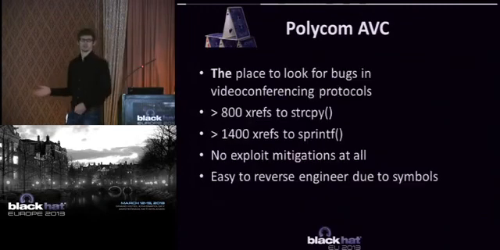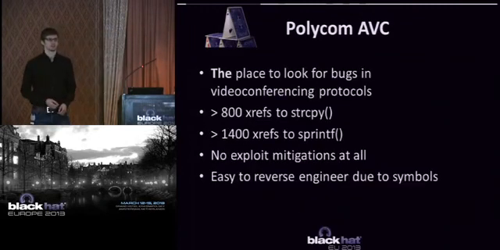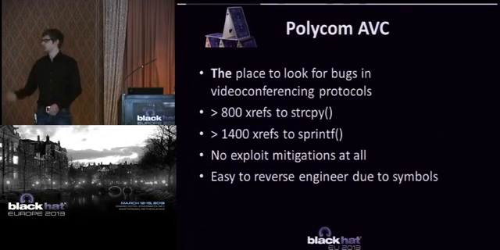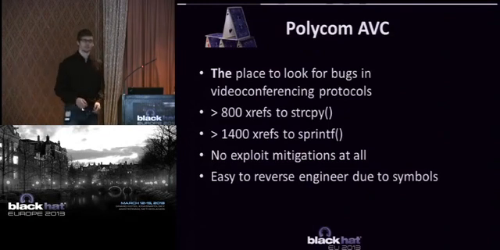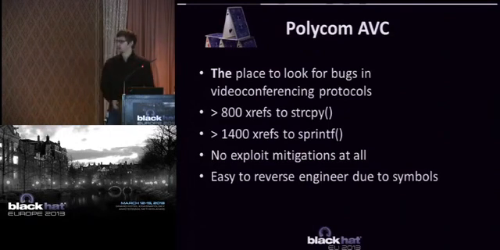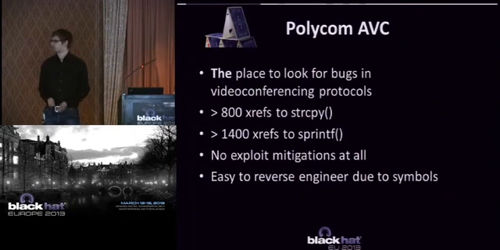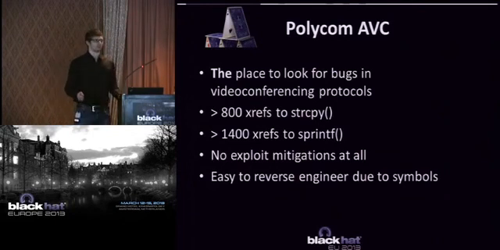So this is the place to actually look for bugs with the signaling protocols. Just to give you an idea, there are, for example, more than 800 cross-references to strcpy, more than 1,400 cross-refs to sprintf. There are no exploit mitigations at all. So if you find a bug, it's pretty easy to exploit it. And it's pretty easy to reverse engineer due to all the symbols.